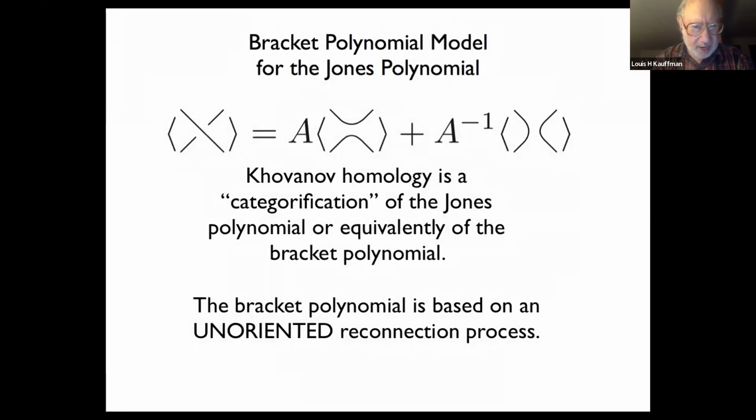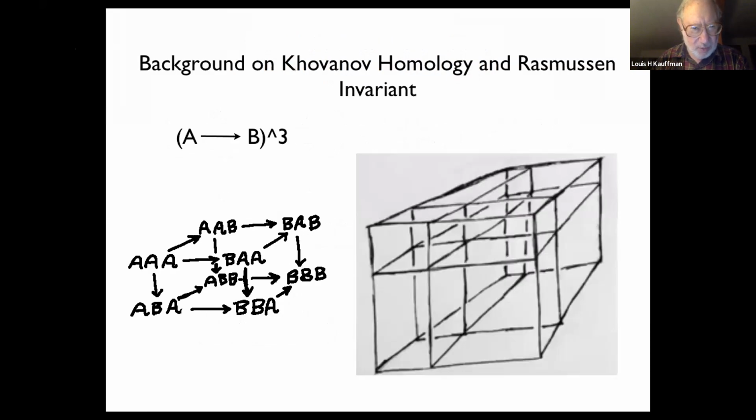One I call A and the other I call B, or A inverse. And the A smoothing is obtained by what you see here, and that can be defined in terms of the crossing, independent of the fact that it looks horizontal in this picture. I won't bother you with the definition of the A smoothing.